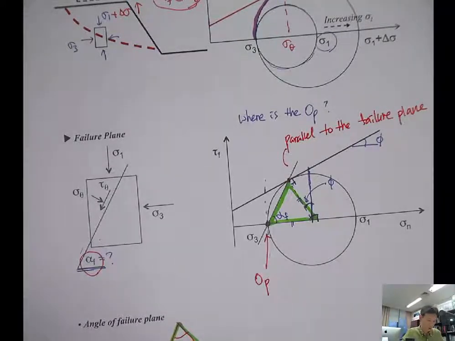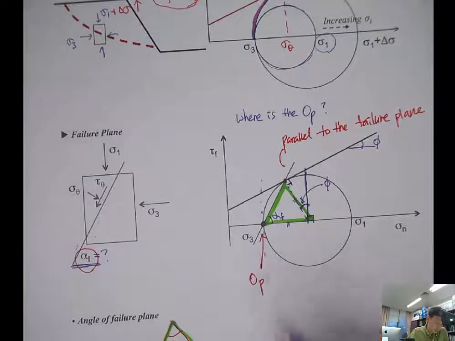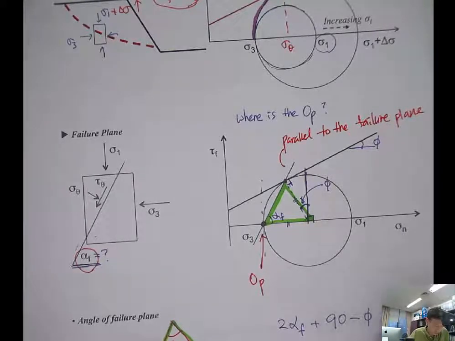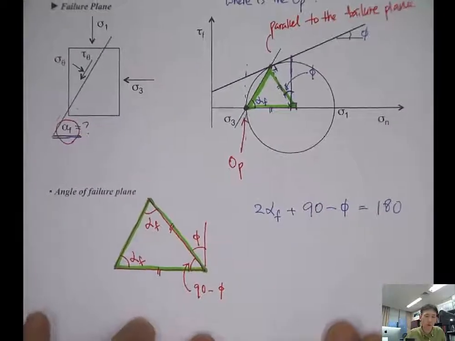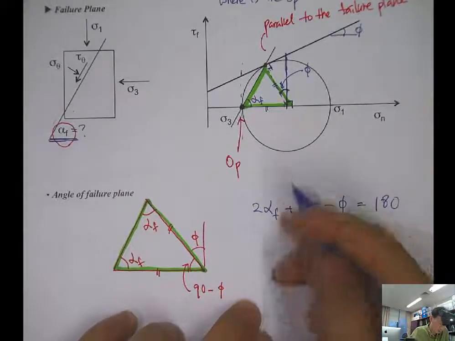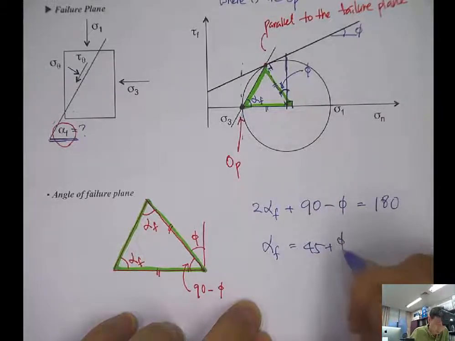So we know the angles of the three corners inside. 2 alpha f plus 90 minus phi will be 180 degrees. So from that, alpha f will be 45 plus phi over 2.